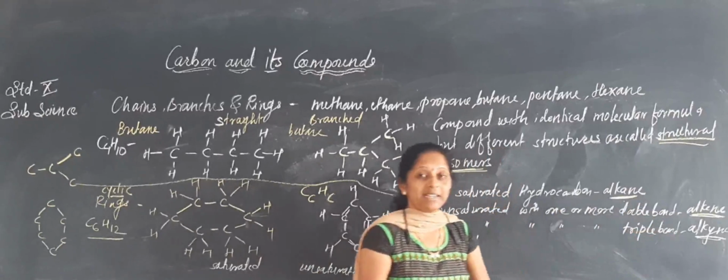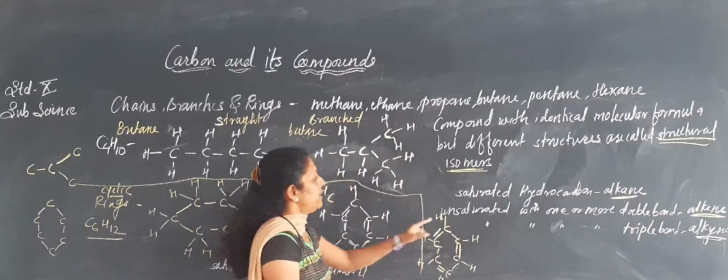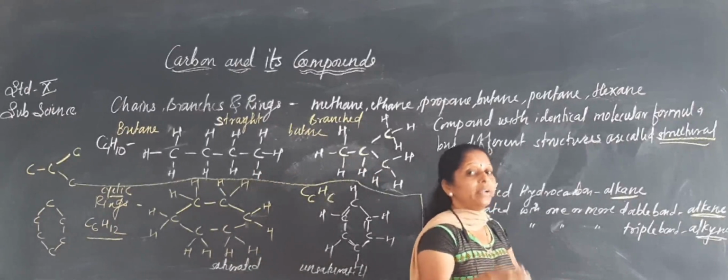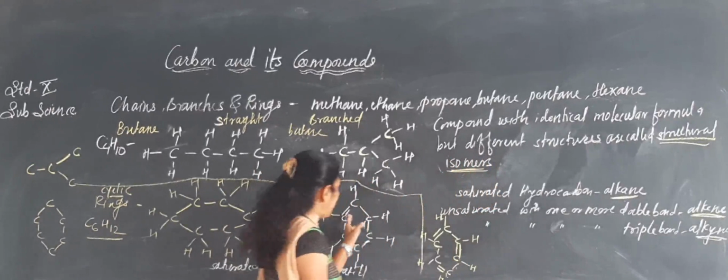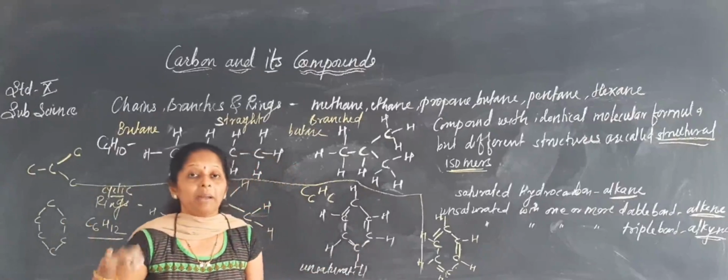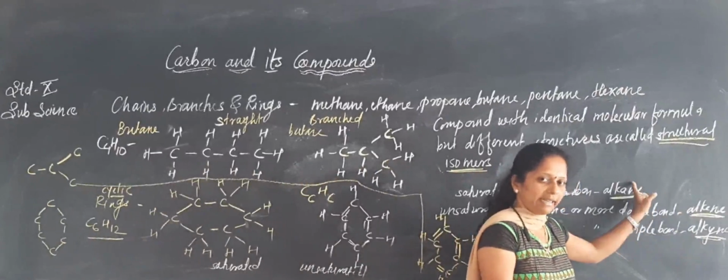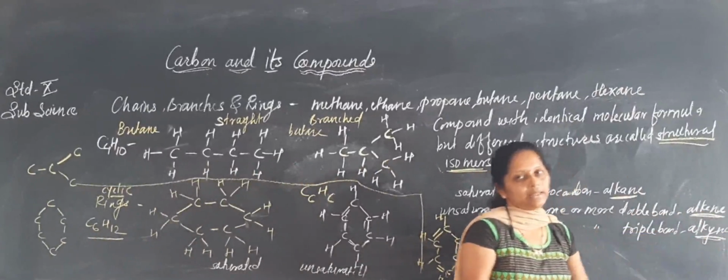Then they are called alkenes. And unsaturated hydrocarbons with one or more triple bonds, like how double bonds are there, are called alkynes. So alkane, alkene and alkynes.